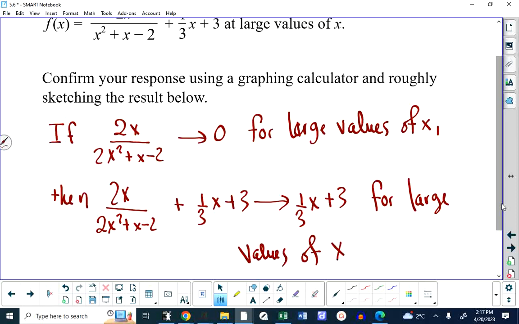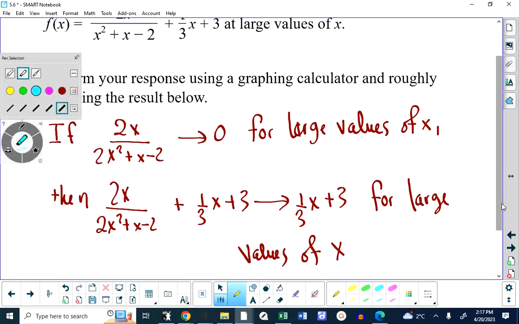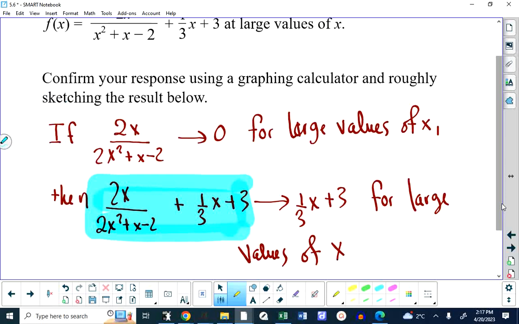Because this thing, and I know this gets repetitive, but I almost have to repeat it myself to make it clear in my head what's going on. It's tricky. This thing contains a big thing that approaches 0. And if that thing is approaching 0, this whole term is approaching 0, then that whole function is approaching the thing that is not approaching 0.